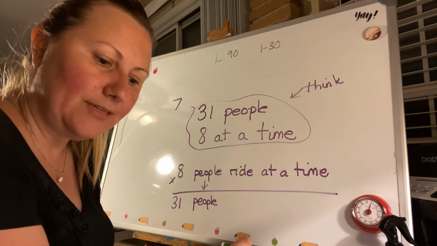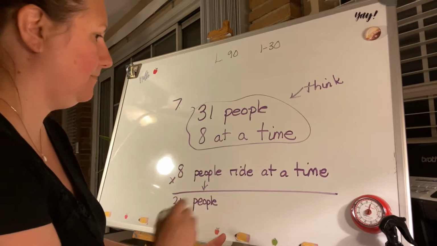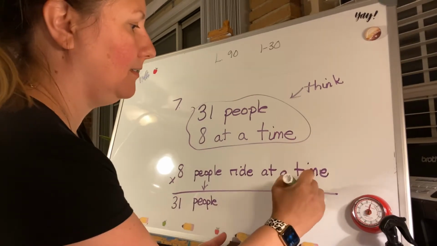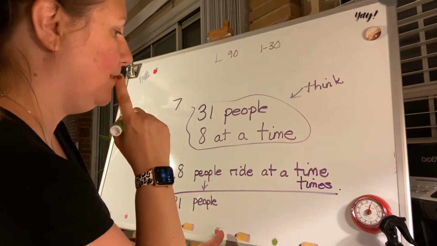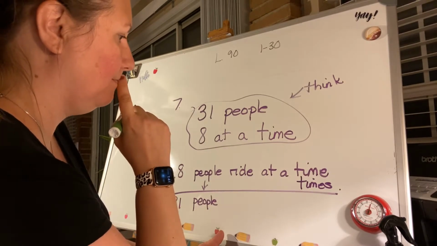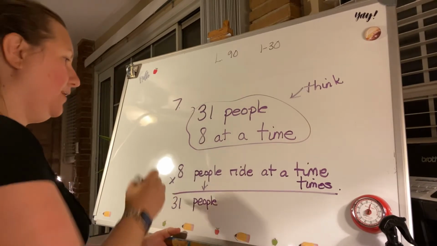Okay, so let's see. We can say, well, how many, does it work to say how many times? 8 people ride at a time times a certain number of times is 31 people.